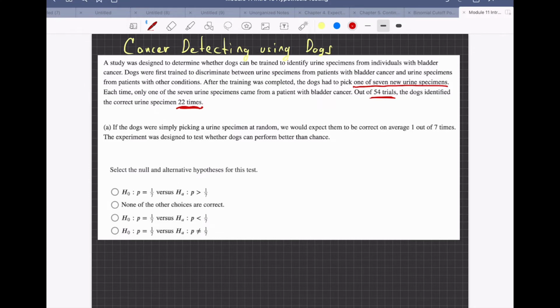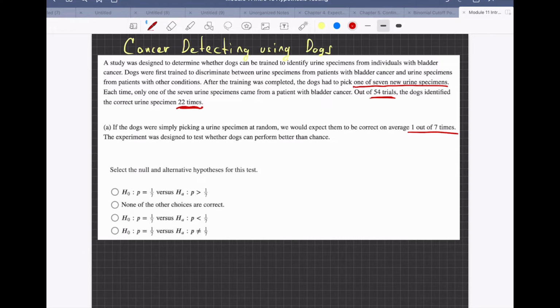If the dogs were simply picking a urine specimen at random, we would expect them to be correct on average 1 out of 7 times. So notice this is saying the value of the proportion should be that. Well, this is what I think this is trying to say to us.